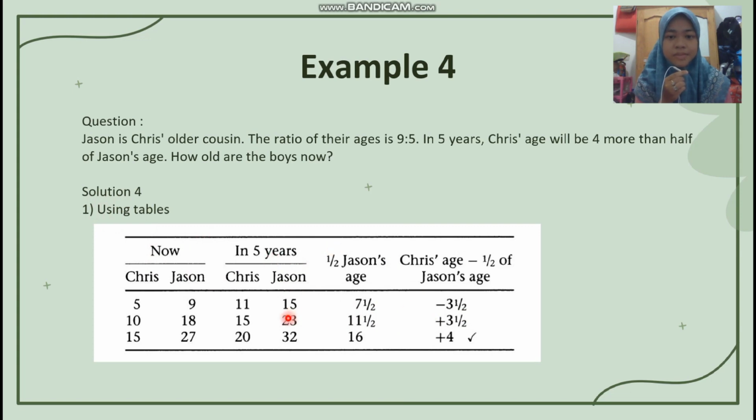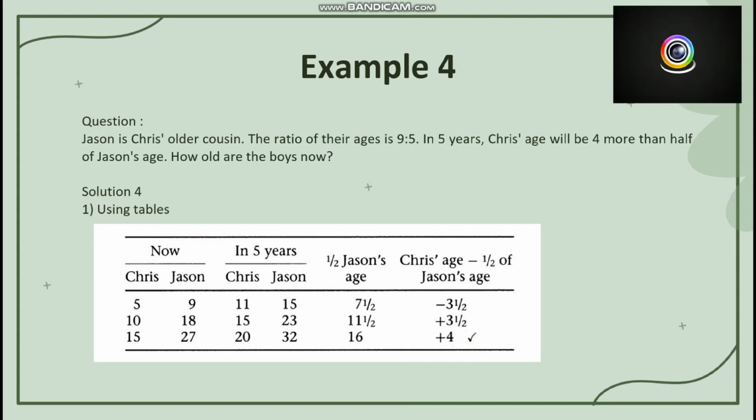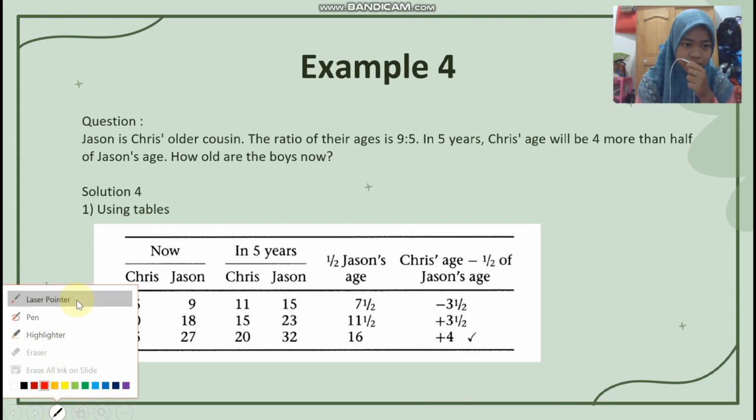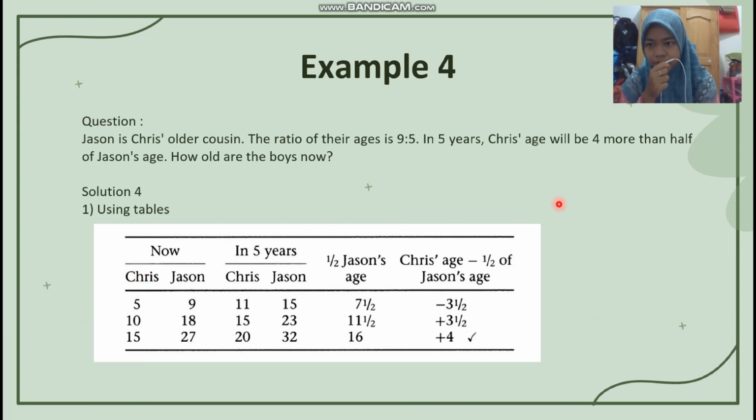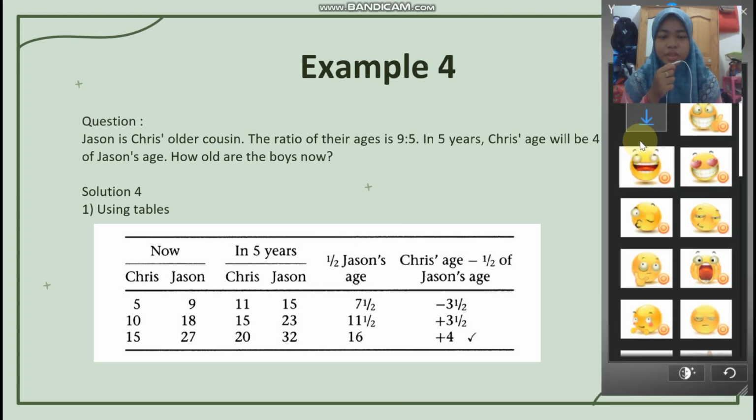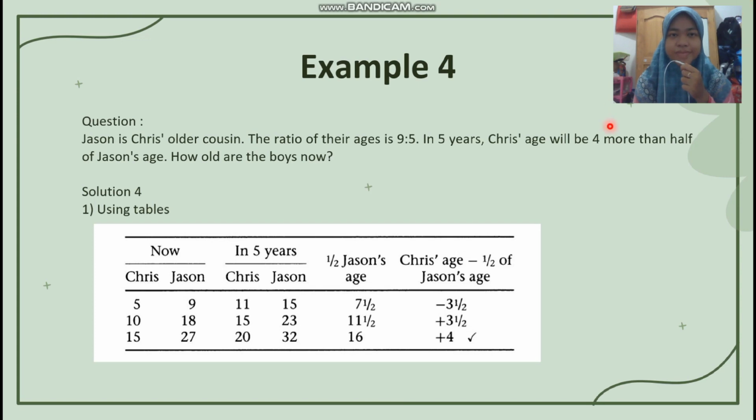We can see, yes, and we can see this is the answer.